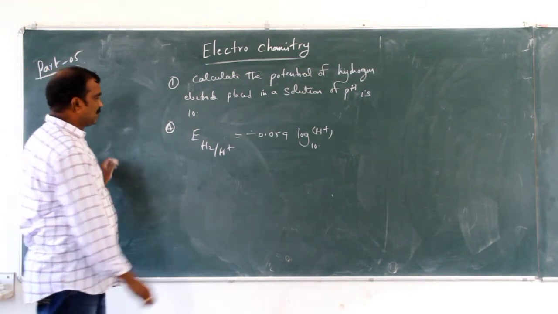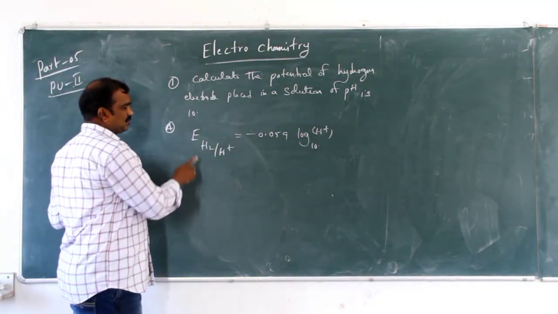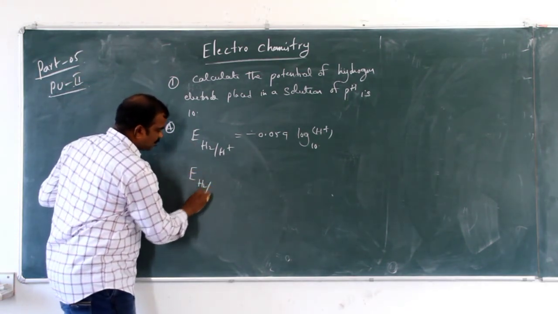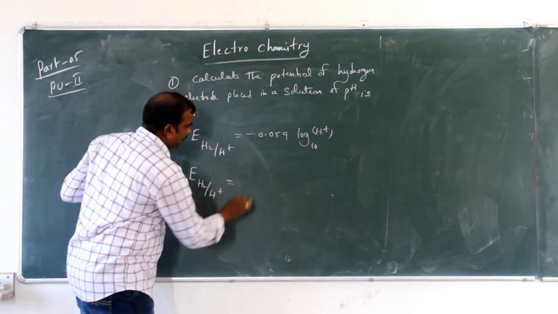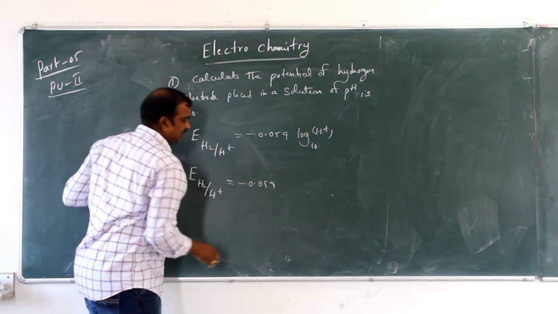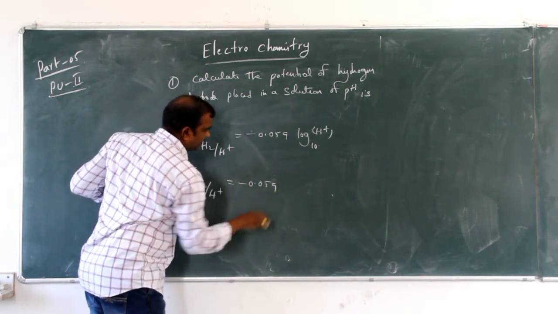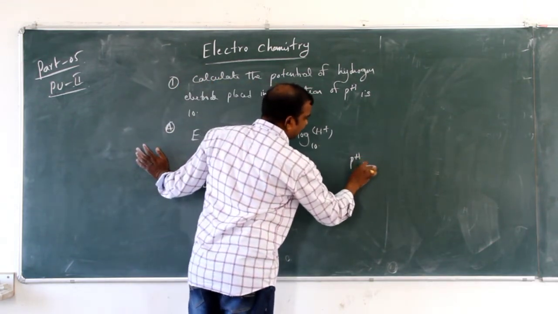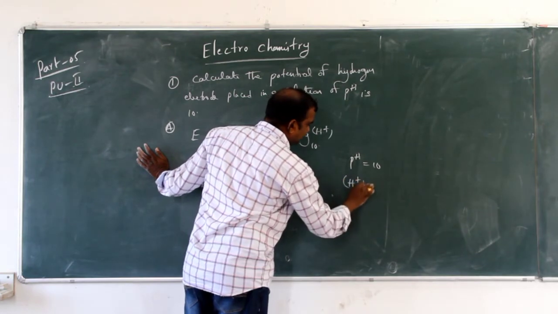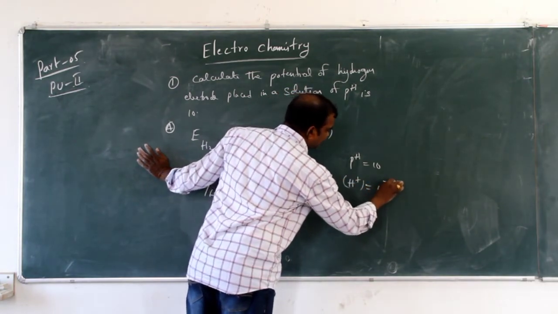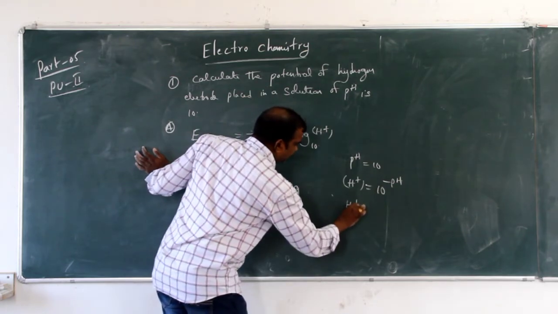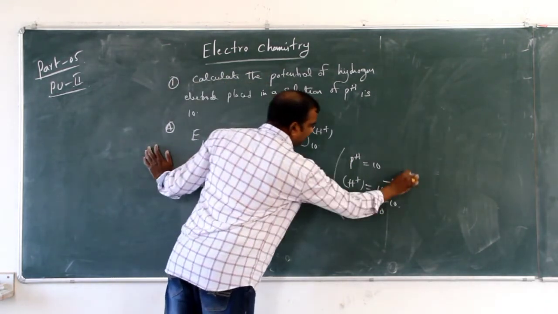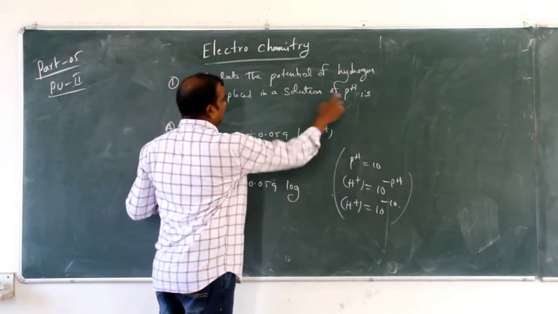Now look here. What is given? pH is given, so we have to calculate the potential. E of H2 by H plus is equal to minus 0.059 log of the H plus concentration. pH is given as 10.